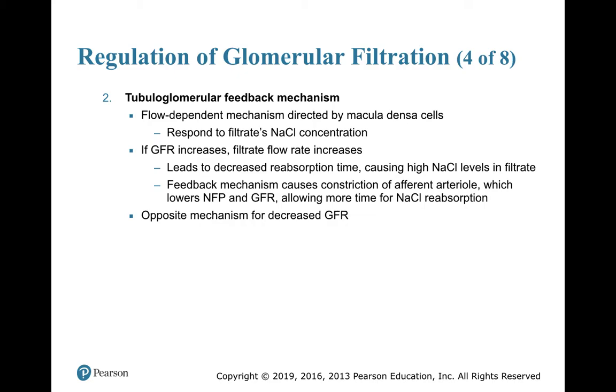So a feedback mechanism takes over that causes constriction of the afferent arteriole. That would lower the net filtration pressure, that's the glomerular filtration rate, and allow more time for salt reabsorption. We would have the opposite mechanism if we have a decreased glomerular filtration rate.